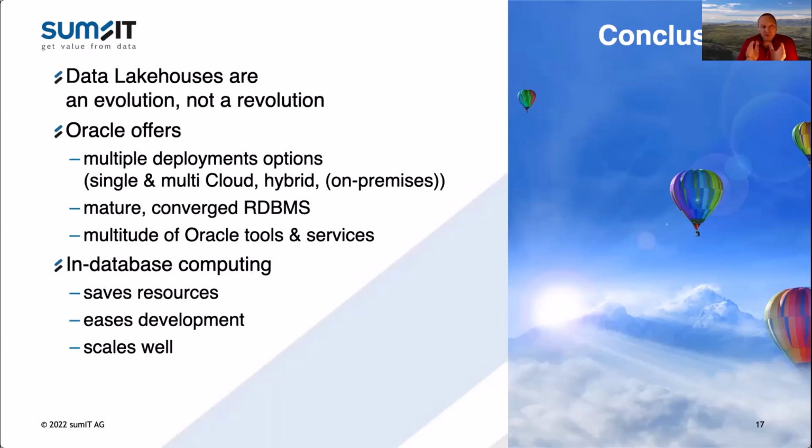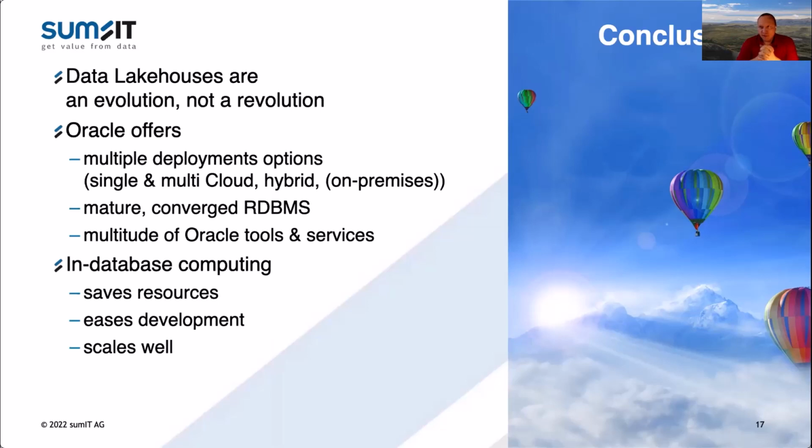And of course we have this very mature converged database management system with a lot of different engines for all kinds of purposes in there, plus all the tools and services around that I was talking about, most notably for a lakehouse, the catalog. But having said all that, as we have seen, in database computing uses much less CPU than the other way, at least in the way that I set it up.